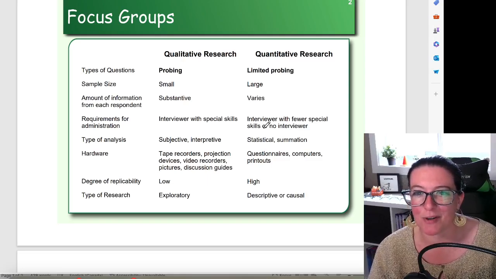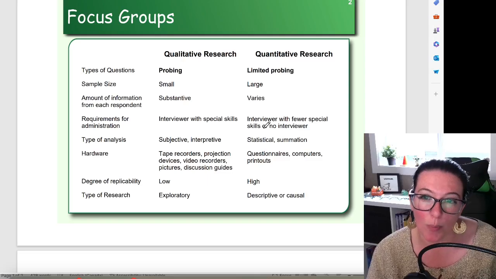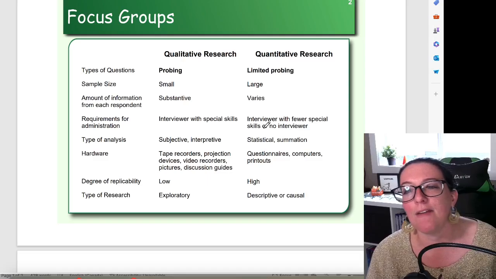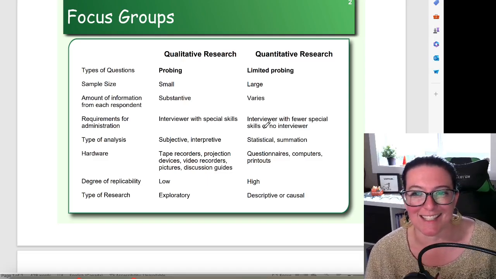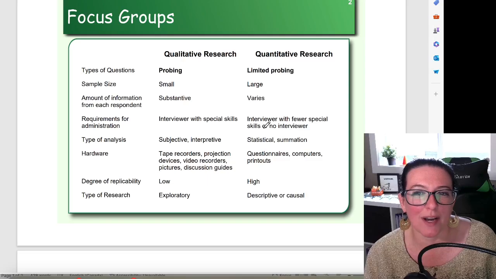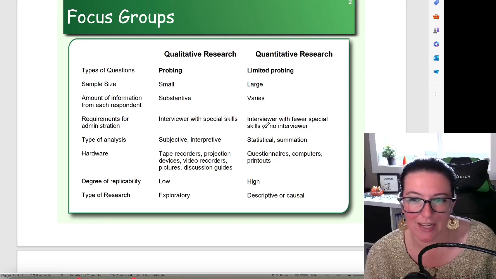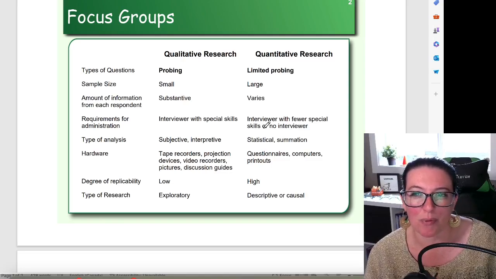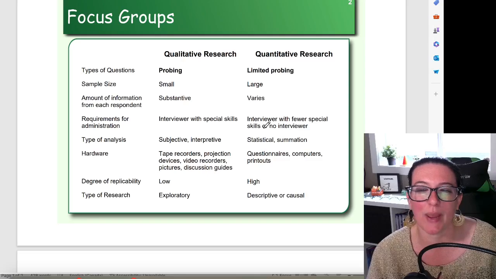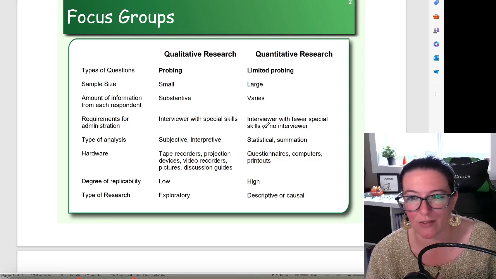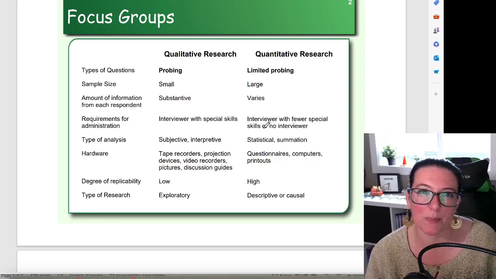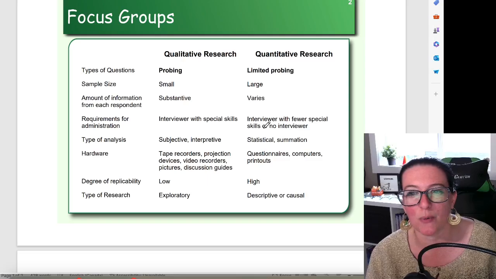With the quantitative research, we have very limited probing. We are taking a much bigger group and finding out if there is consensus. So when we look at the quantitative research, we're thinking more things like surveys, where we have standardized much of the process with our questionnaires. We can then do statistical analysis on that. So it has less probing capabilities, but there we're looking for more, does everyone agree?